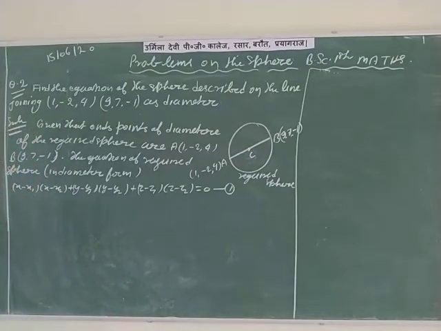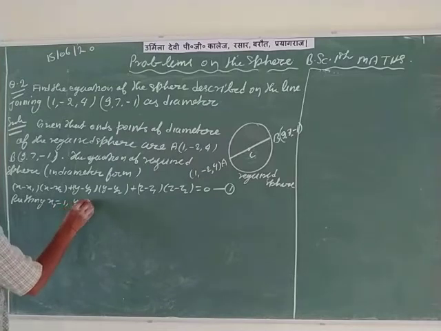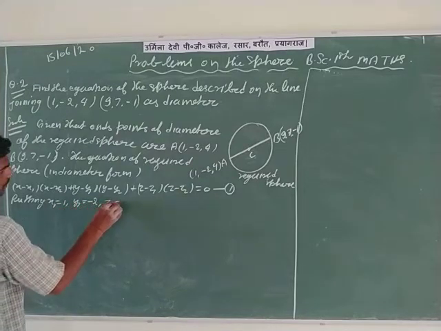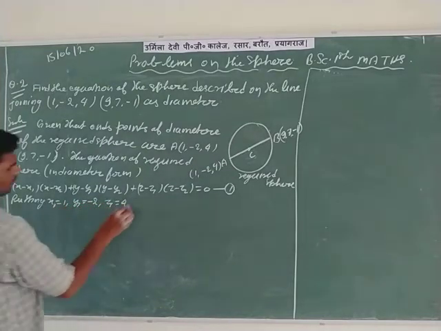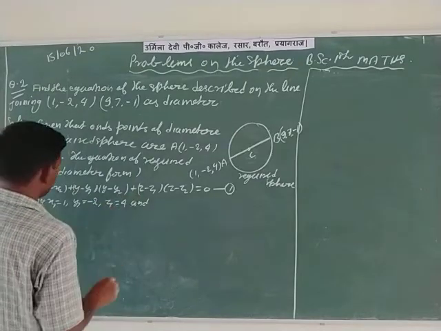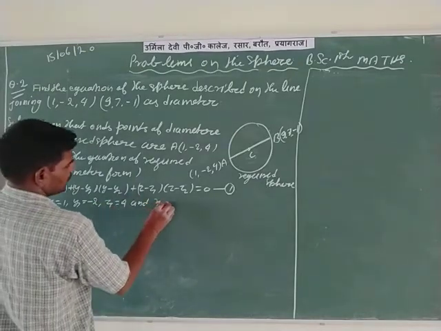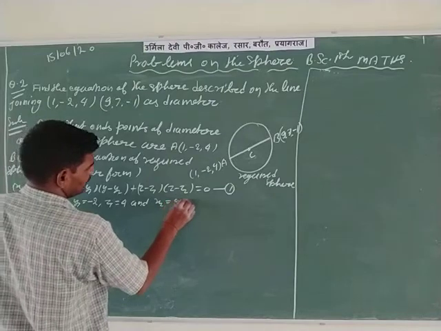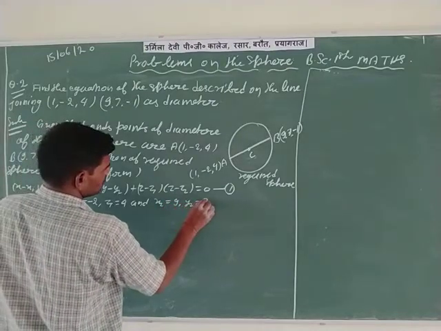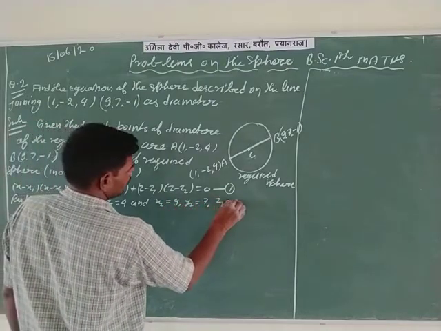So putting x1 is equal to 1, y1 is equal to -2 and z1 is equal to 4, and for point capital B, x2 is equal to 9, y2 is equal to 7 and z2 is equal to -1.